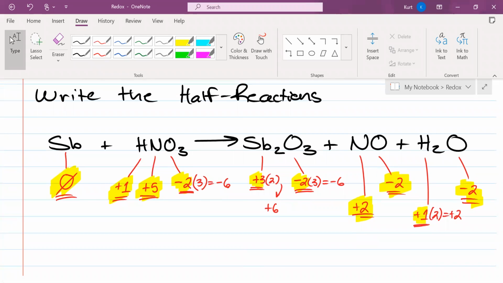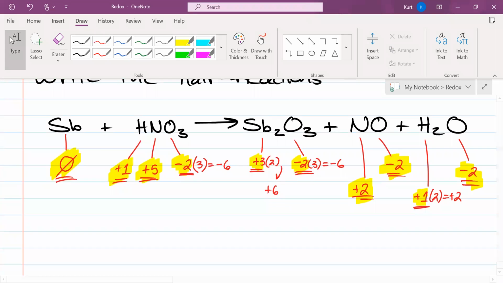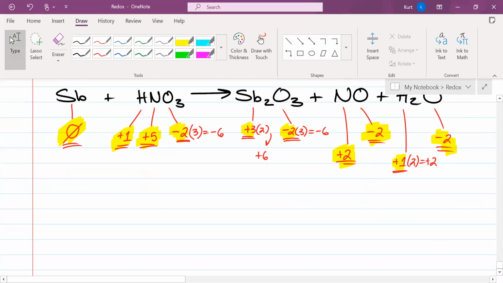David, what is being oxidized? Antimony is correct.